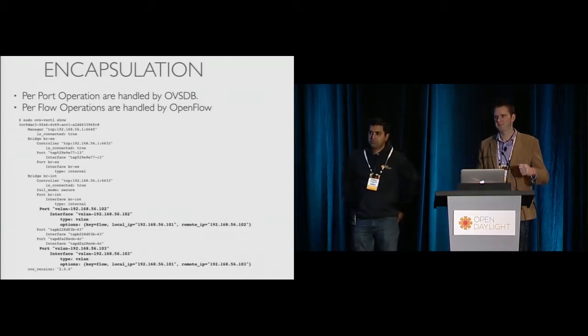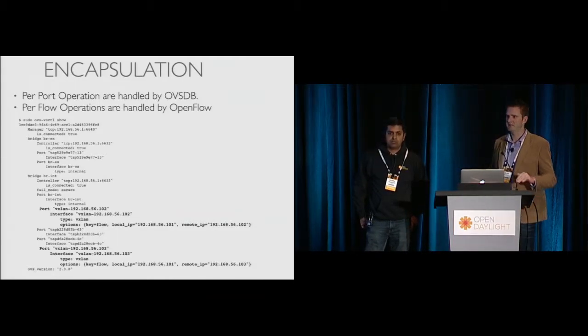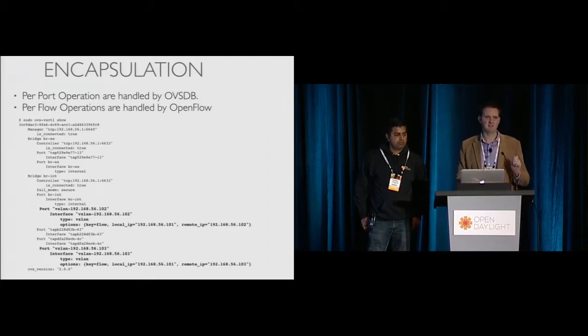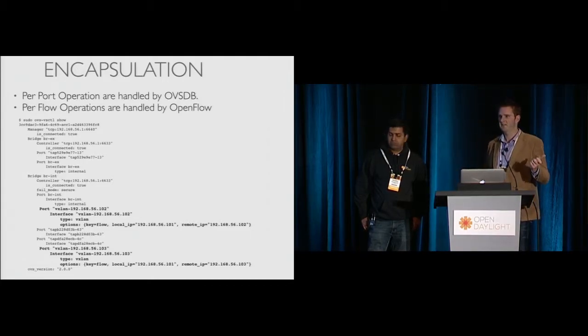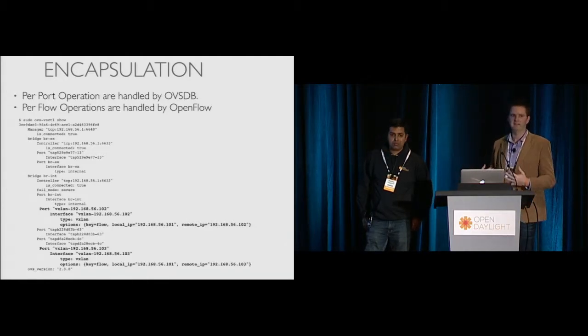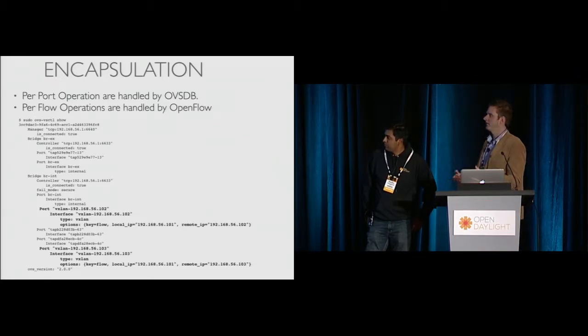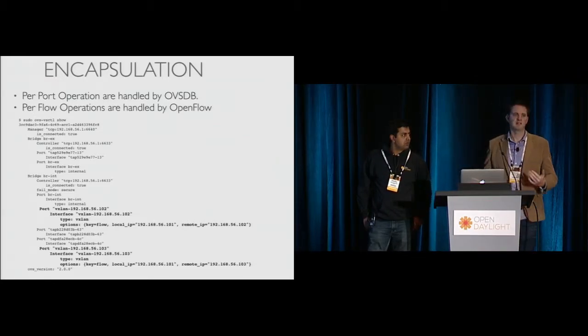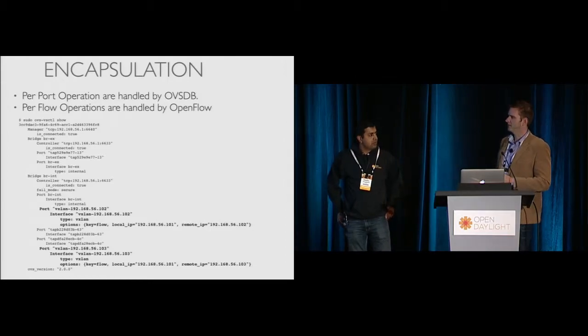As opposed to going in with OVSDB and hard coding that this tunnel is dedicated to this GRE key or this VNI key. Those keys are simply tenancy or network IDs, however you're partitioning and keeping path isolation for security policy. You're actually setting it in the flow mod. So it's kind of cool.